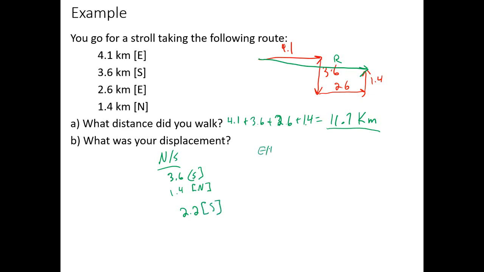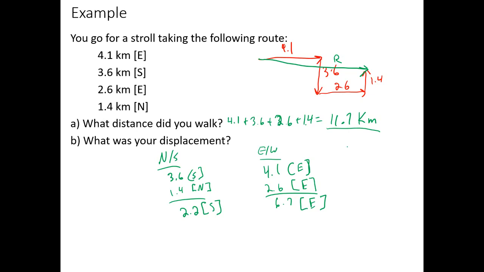In the east-west direction, we've gone 4.1 kilometers east and another 2.6 kilometers east. So our overall displacement in the east-west direction is 6.7 kilometers to the east.